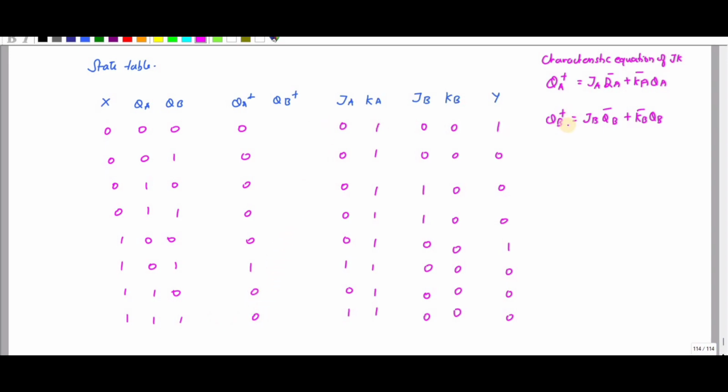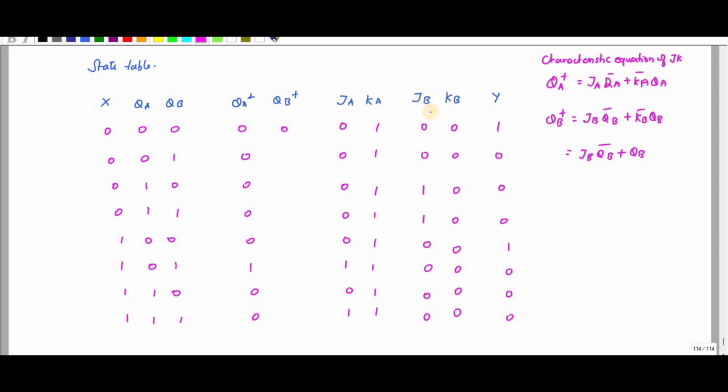So let me go for QB. Since KB is 0, KB bar is 1, so I can write JB QB bar plus QB. For the first value it is 0.